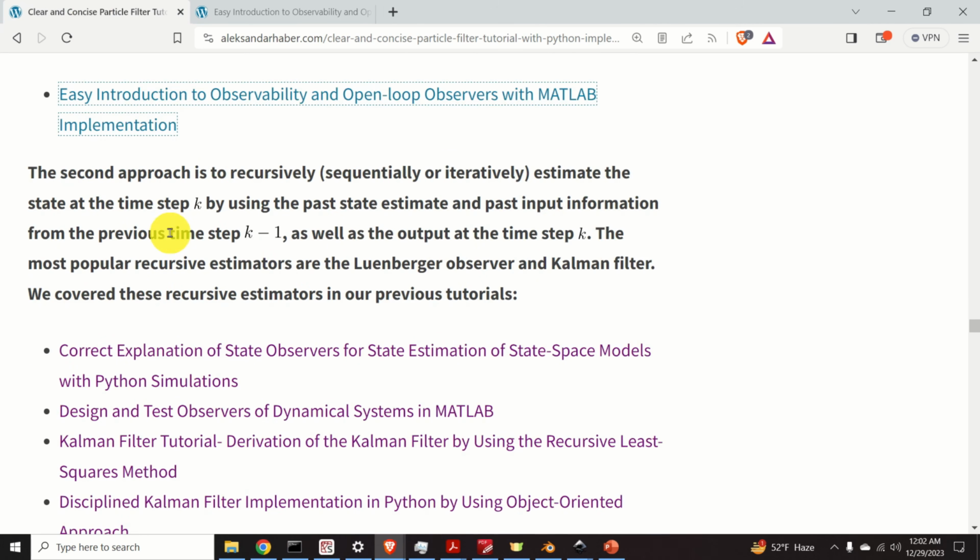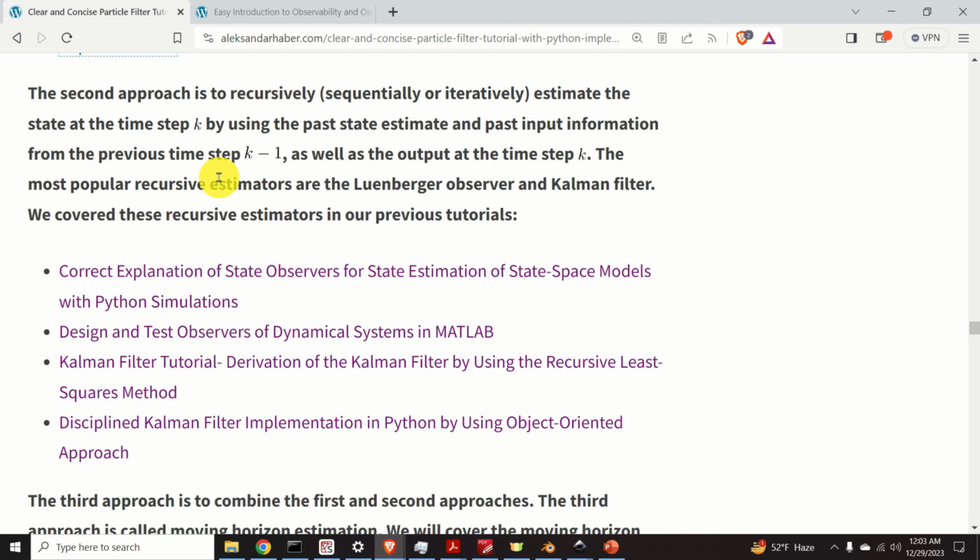The second approach is to recursively, sequentially, or iteratively estimate the state at the time step k by using the past state estimate and the past input information from the previous time step k minus 1, as well as the output of the system at the time step k. The most popular recursive estimators are the Luenberger observer and the Kalman filter.